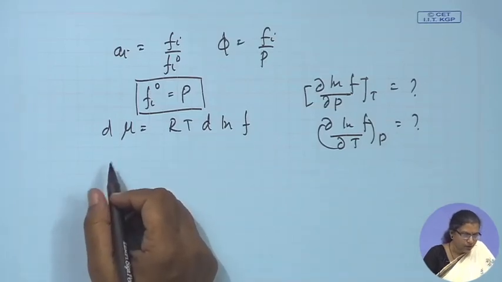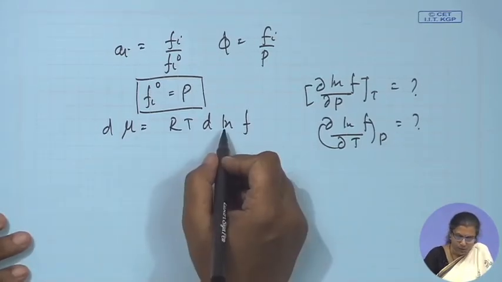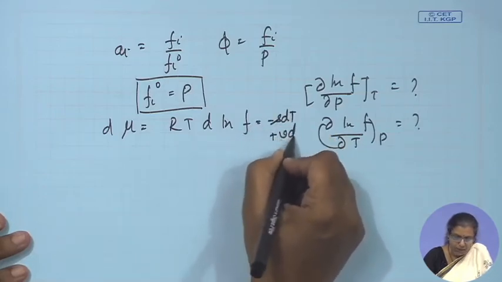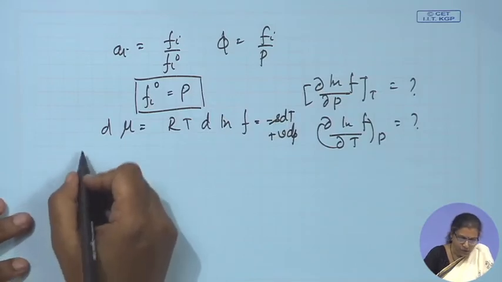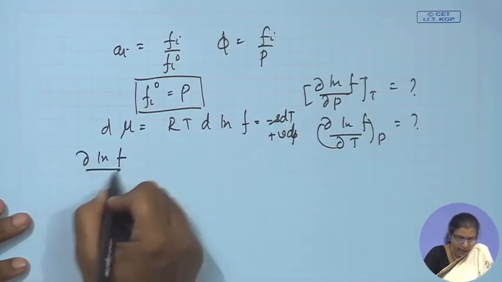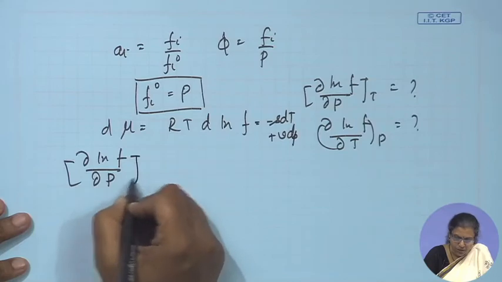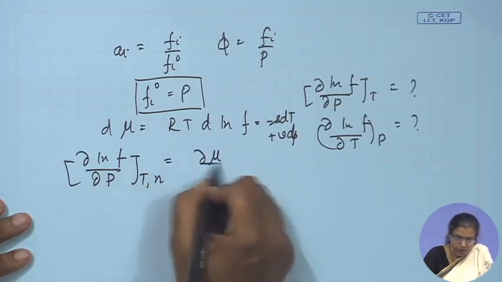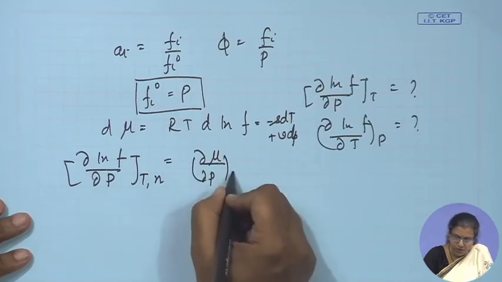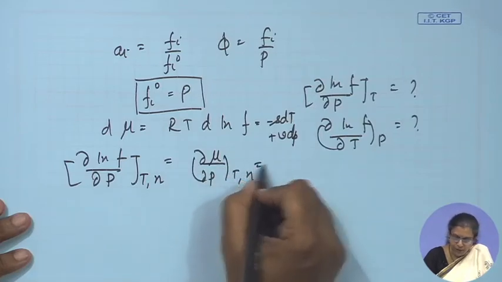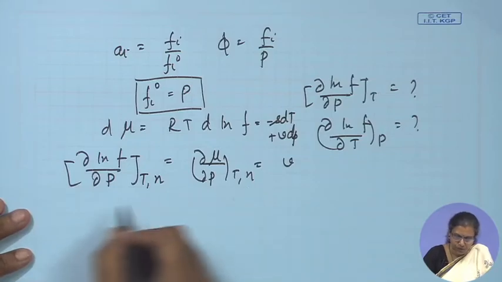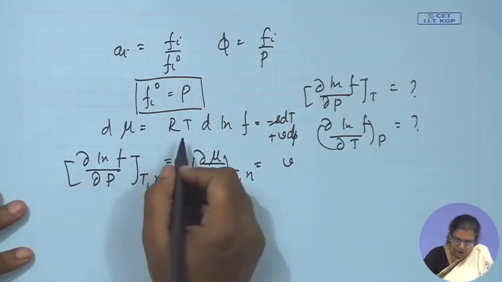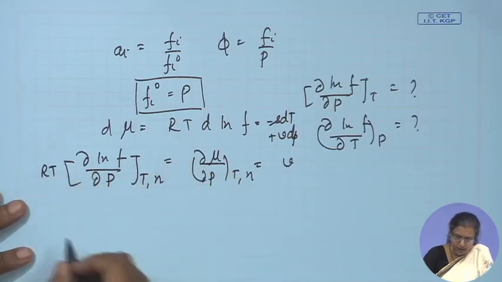Let us start doing the equations. We know this equation, and what is this equal to? Minus S dT plus V dP, we already know that. So, what is del ln f del P at constant T and the total number of moles? This is nothing but equal to del mu del P at constant T and total moles, and we know what this is, this is equal to V. So, just a minute, there has to be an RT here, sorry.